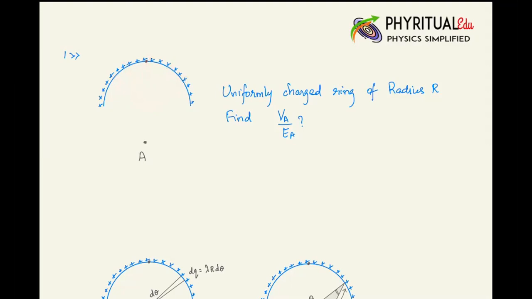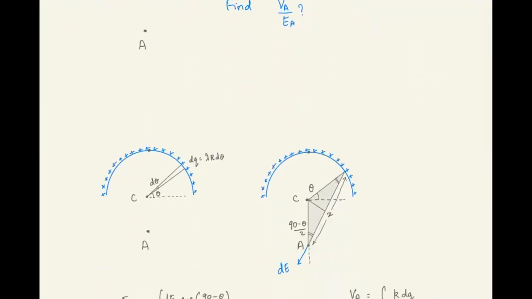But this is a case where different points on that ring are going to have variable distances from point A. But there is a very beautiful thing which is going to happen in this. If you try to write the expression and see, eventually you will arrive at a case where, let's look at the solution. So have a look at this.